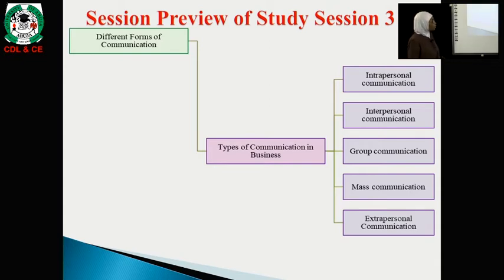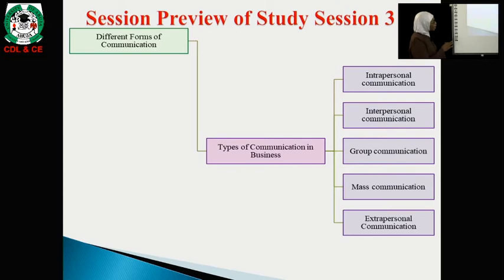Then mass communication is that communication to a large population out there, and this is what we are doing now. We are using another channel to communicate to the outside world, and it has to be those we cannot see here. So if you want to communicate with a large audience that you cannot see, that is where mass communication comes in, and you will have to make use of some electronic gadgets, like what we are using now.